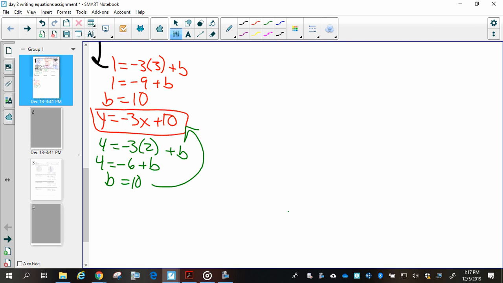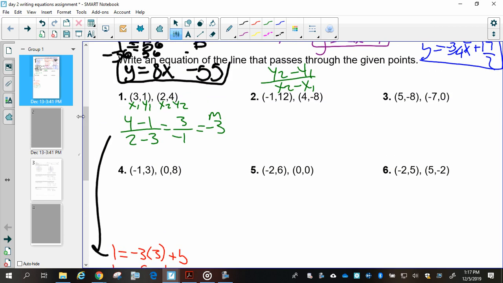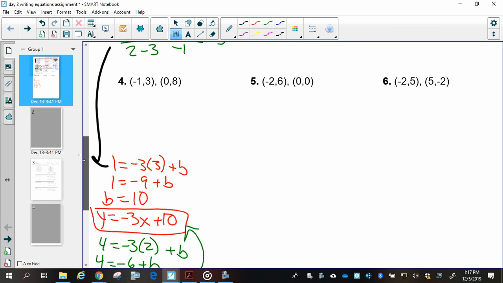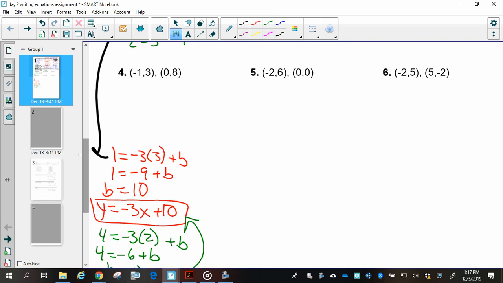So as long as you get your slope correctly, and then you pick one of the points and you do that math correctly, you should get the correct answer. Now, I will say this, anytime you have ordered pairs that have zeros in them, use that one. It'll make your life a little bit easier.